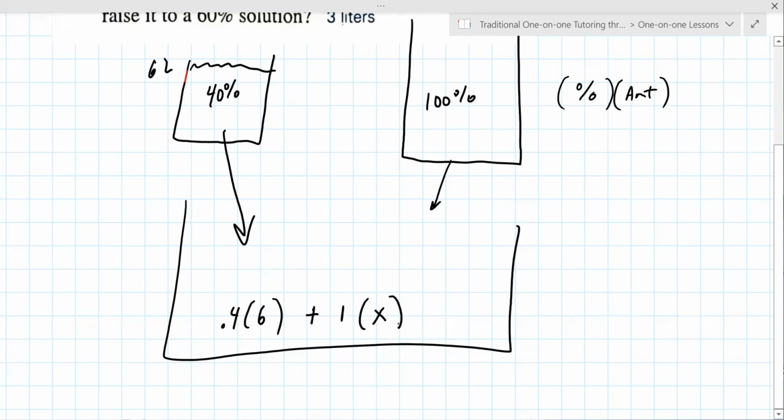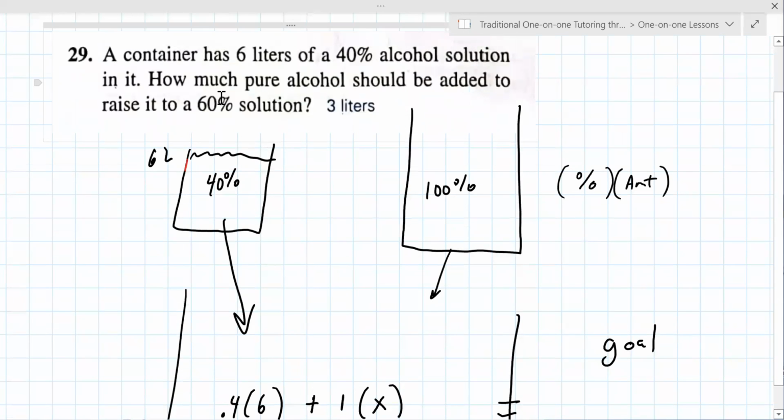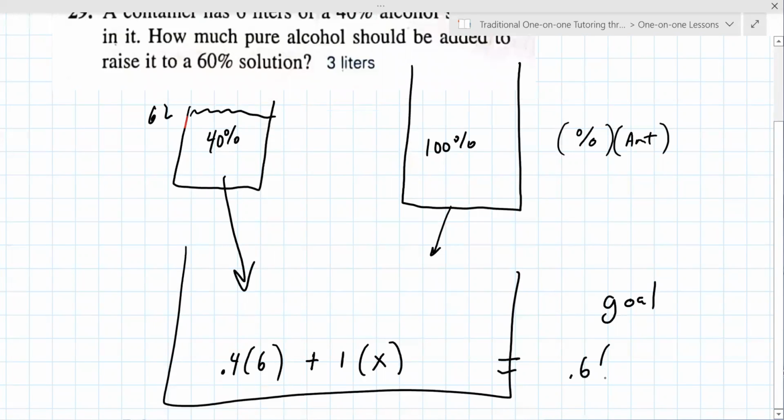Now our goal, you can think of as being over here on the other side of the equal sign. Our goal is what percentage in the problem? Our goal is 60%. And we know that we're going to have 6 liters plus however much we add from the other.